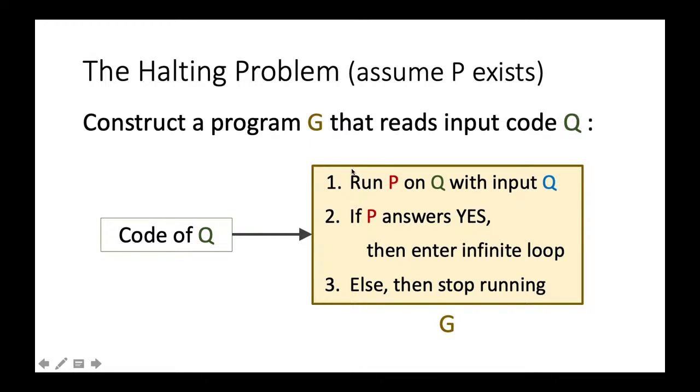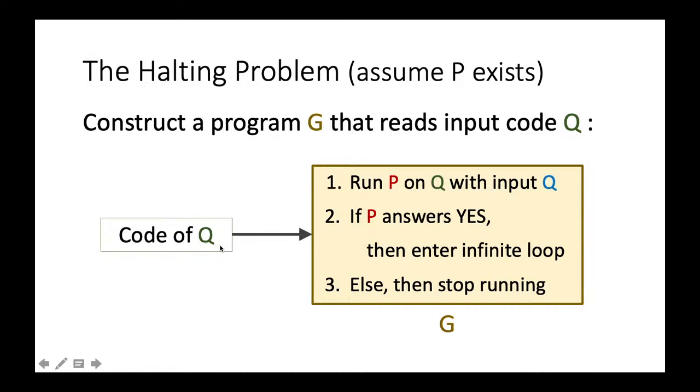Let us take a look at how G works. So this part is the program G. The program G will read the code of Q and do the following. Because P exists, G will call P and check whether the program Q runs with the input Q. Notice that these two are now the same.